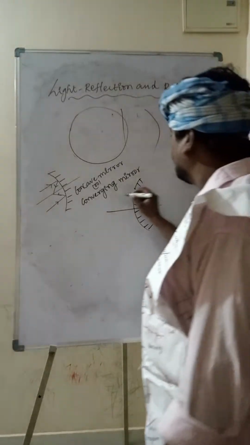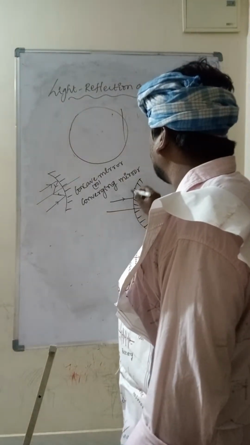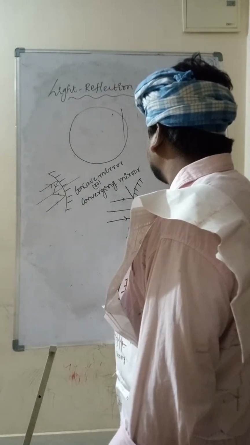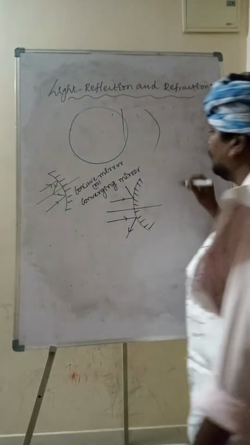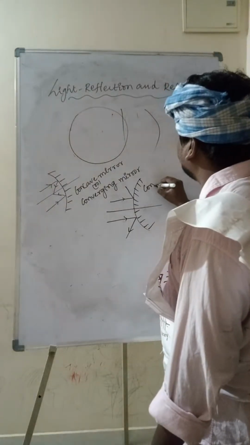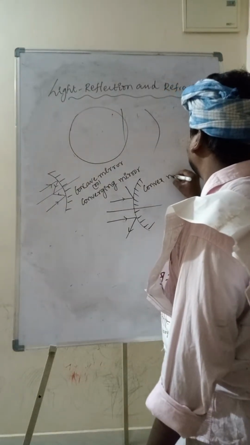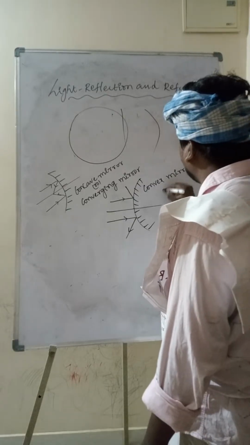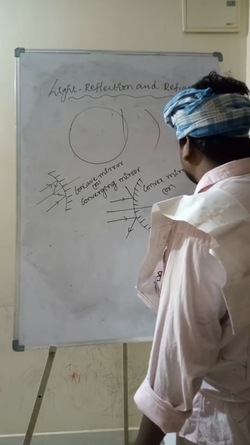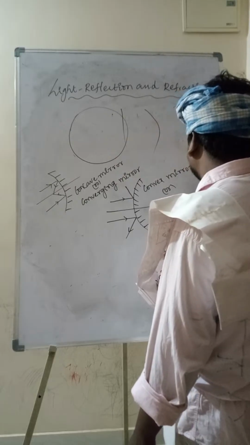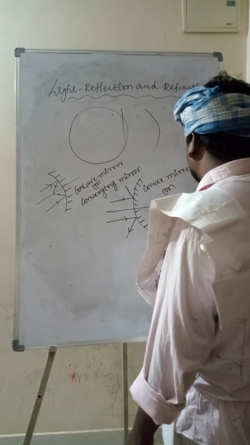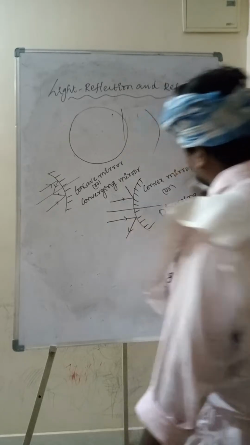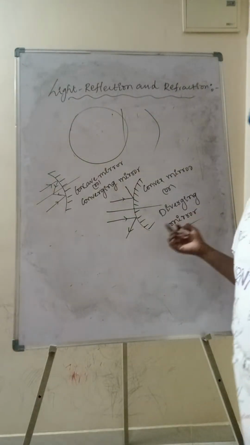Reflection takes place outward, and this is called a convex mirror. Convex mirror is also known as diverging mirror, because reflection takes place outward.